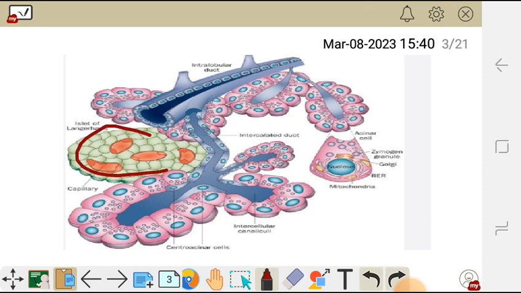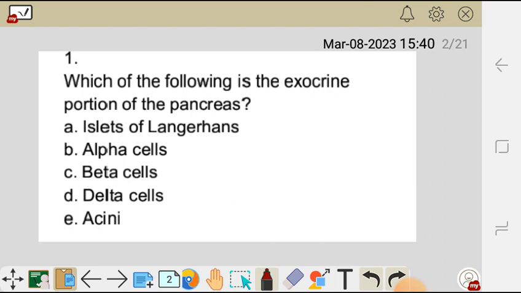These clusters of cells there are the islets of Langerhans, and they form the endocrine portion of the pancreas. But for this question, the exocrine portion of the pancreas is simply the acini, so the correct answer for question 1 is E.